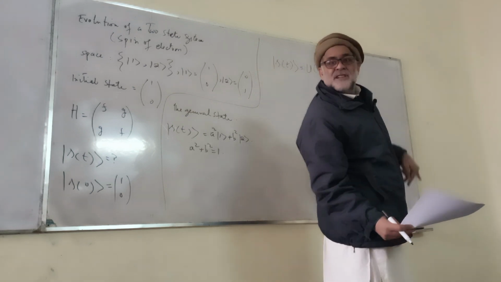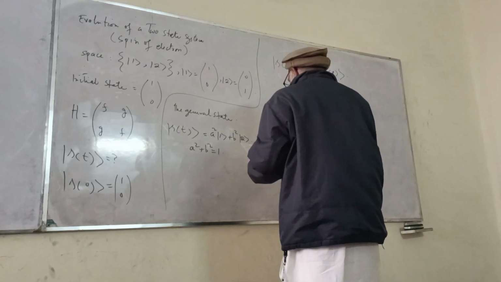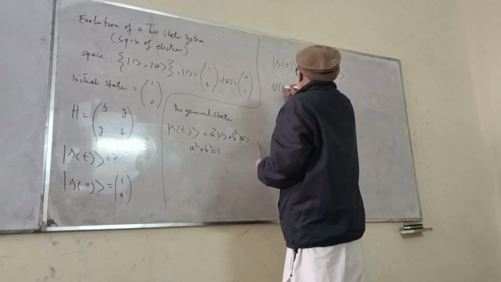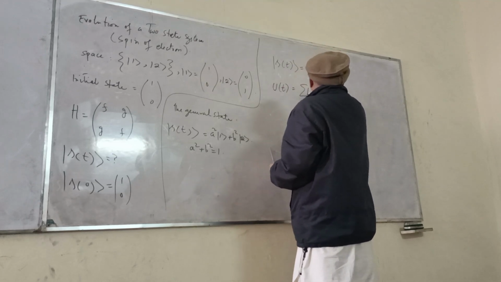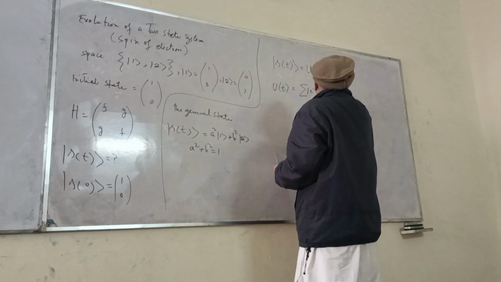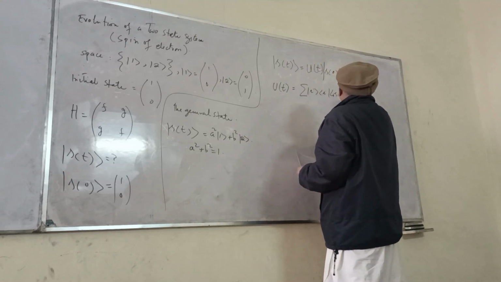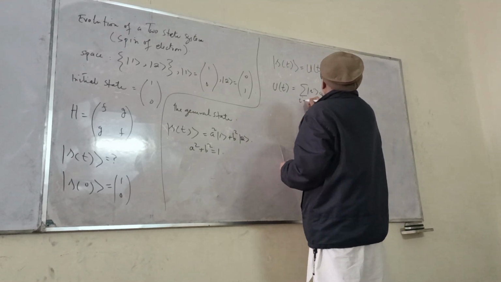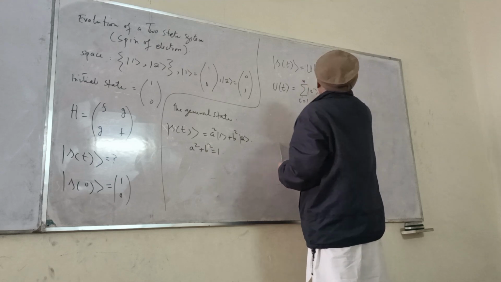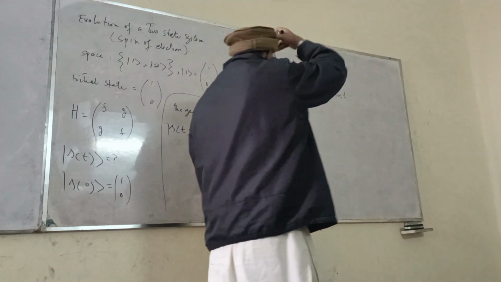Where the propagator was equal to the sum over i of |i⟩⟨i| times cos of omega_i t, where i starts from 1 and goes up.